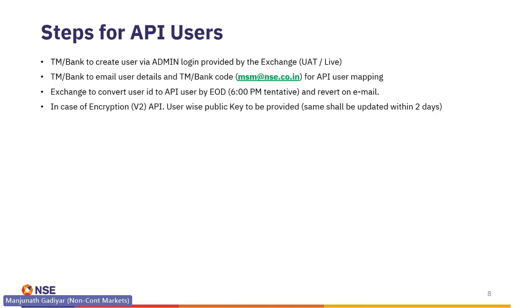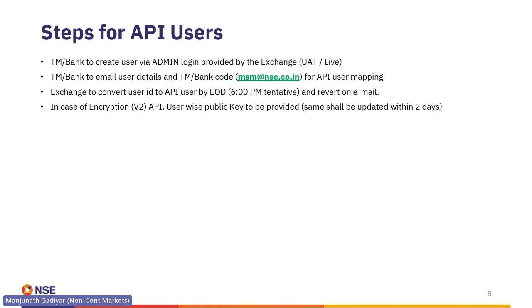So there are two sets of users. One is a normal user and one is a user through which only API bids will go through. I assume both have to be different users, right? That's correct. Both users will be different users, and the member or the bank needs to inform the exchange which user they want to be converted to an API user. The exchange shall convert this to an API user.